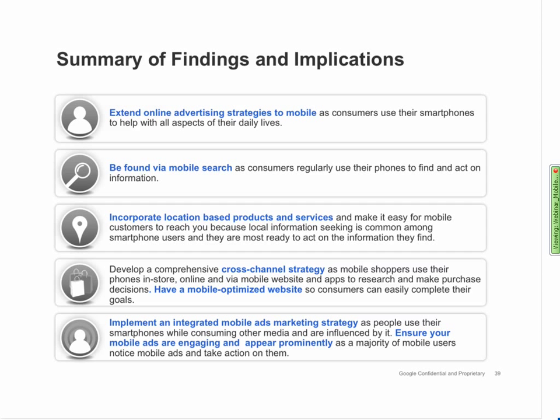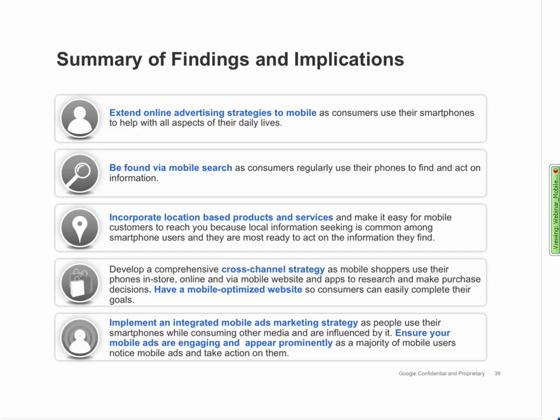And earlier, Natalie had talked about how people are consuming other media while using their phone, like a third are using their phones while watching TV. So this has strong implications for thinking about how you can make those integrated marketing messages. And then the last thing is just ensuring that your mobile ads are engaging and appearing prominently, as the majority of mobile users notice these ads and take action on them.